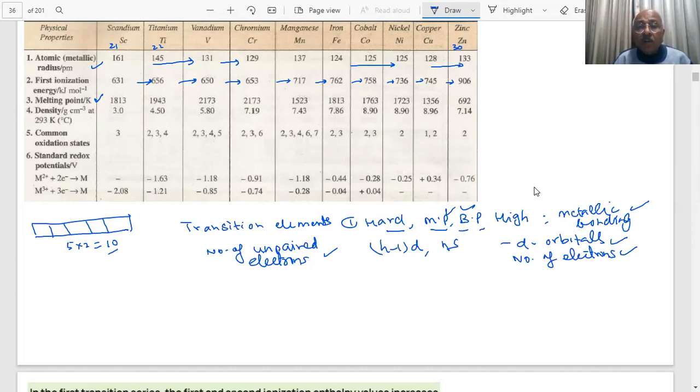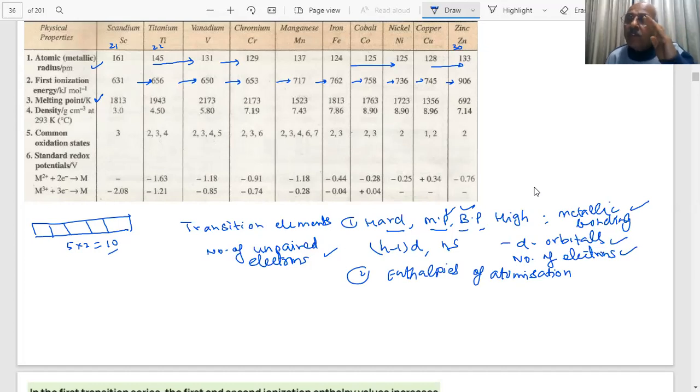And second, not only that, if you see their enthalpies of atomization, students, if you want to remove an atom from the crystal lattice of these metals, then the larger the number of unpaired electrons, the stronger is the bonding and more atomization energy will be required.